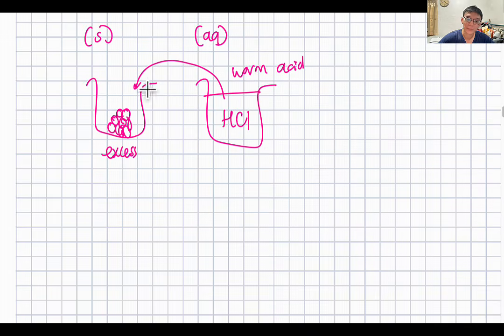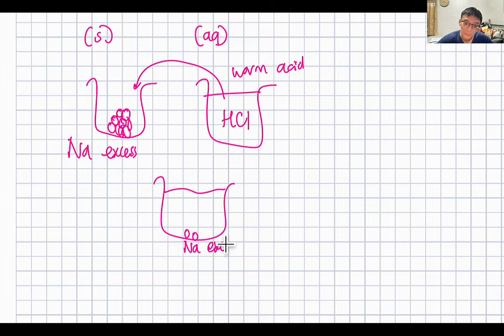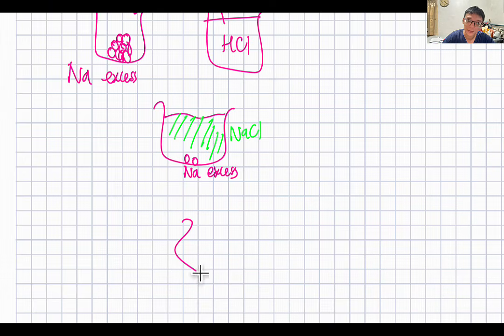So now imagine, because the sodium is in excess, after we make it react, we still have some part of sodium, while the remaining solution has already changed into sodium chloride, because the reaction works like that, right? So now what we do, we just pour it using a filter paper once more. So here the excess sodium will be on the filter paper, and then the solution will be the filtrate.